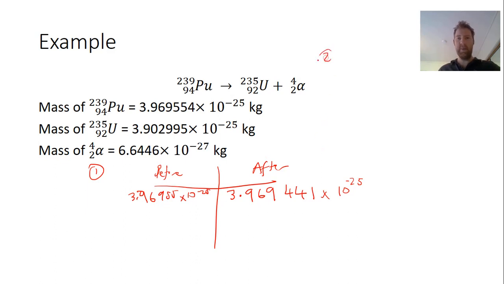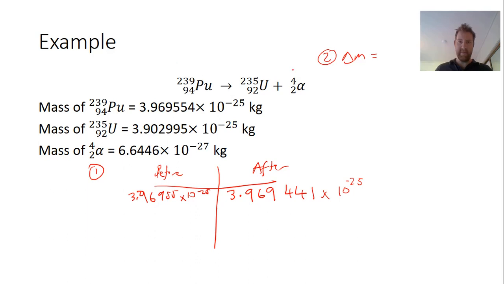Now I'm going to work out the change in mass. So I'm just going to get this final one, subtract the initial one. That equals 3.96944 by 10 to the minus 25 minus 3.96955 by 10 to the minus 25.